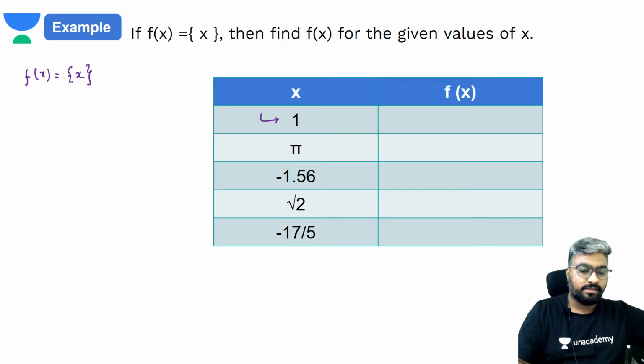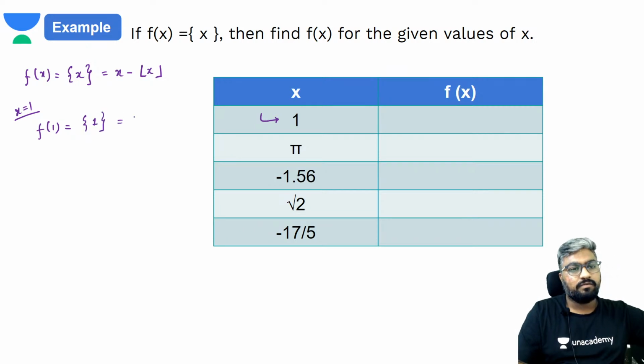Fractional part of x, which is nothing but x minus greatest integer of x. अब ये बोल रहे कि x 1 है तो f of 1 क्या हो जाएगा? Fractional part of 1, that is 1 minus greatest integer function of 1. Greatest integer function of 1 क्या है? 1 only, क्योंकि 1 itself is an integer, so the fractional part will be 0.